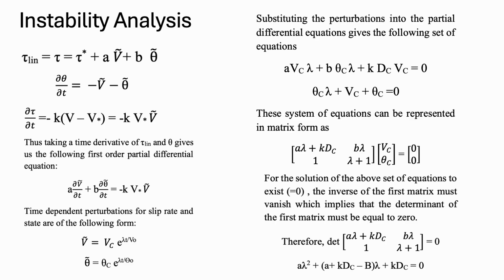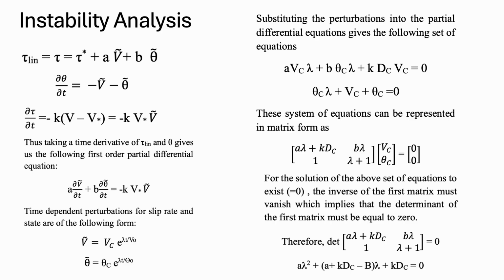And we assume time dependent perturbations for slip rate and the state variable also of these exponential forms over here, and then we substitute them into this partial differential equation, which renders these first two set of equations on the right.